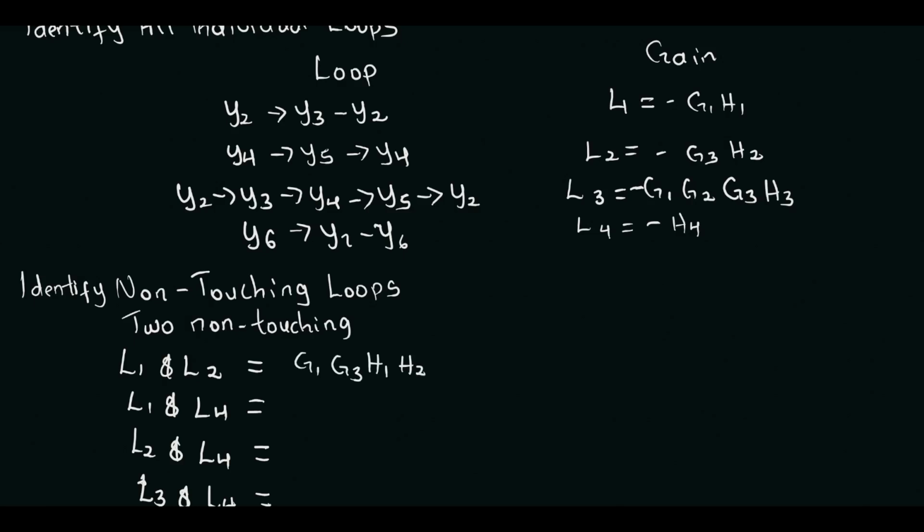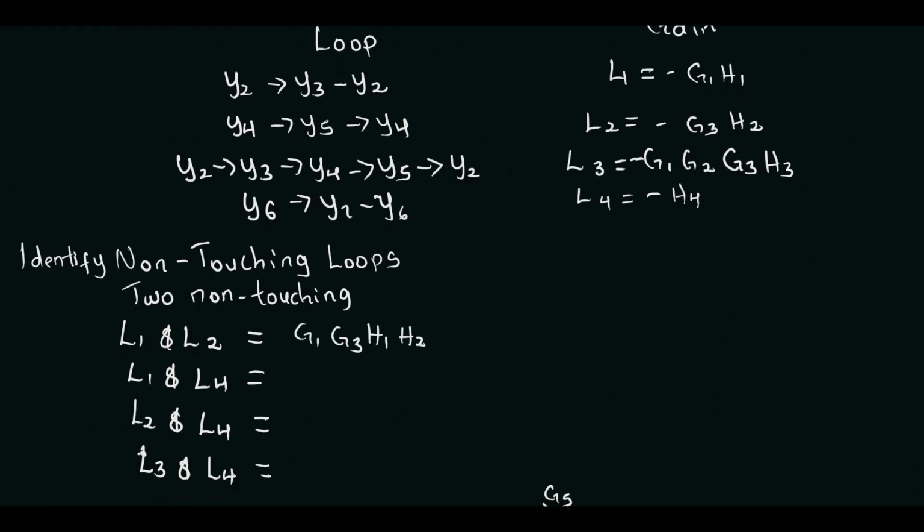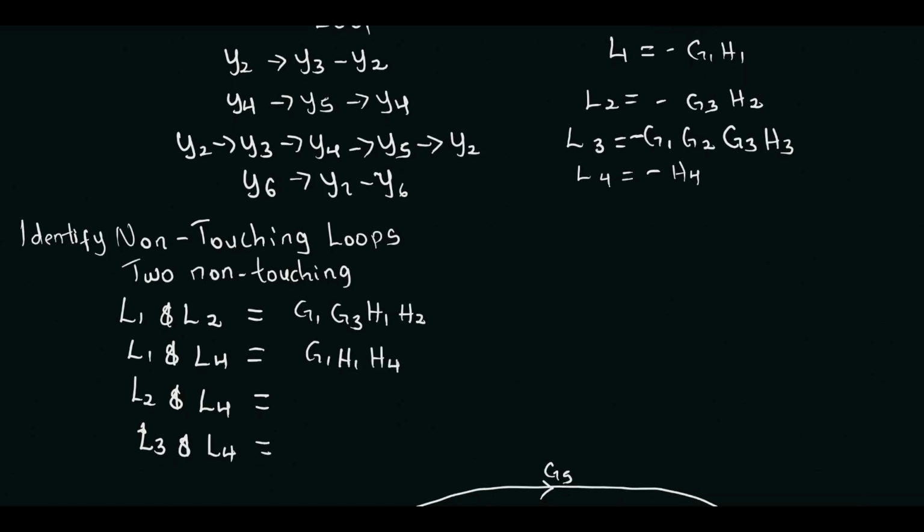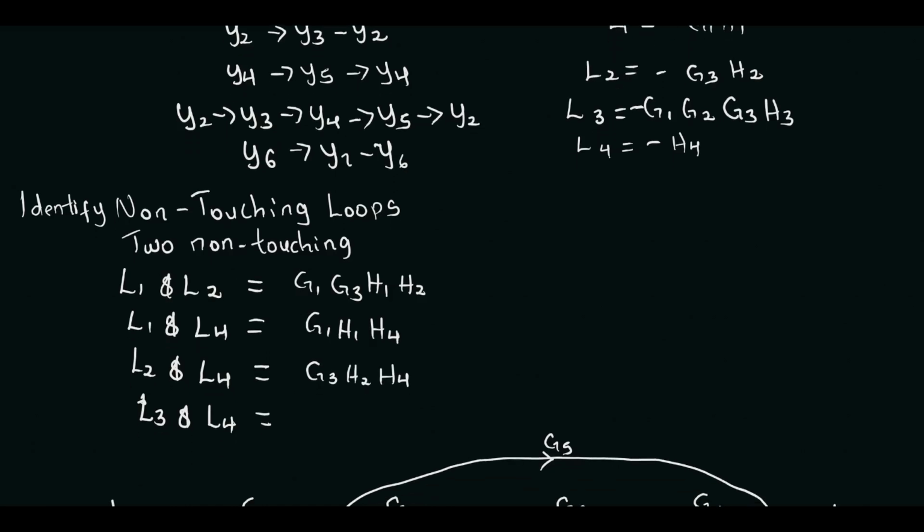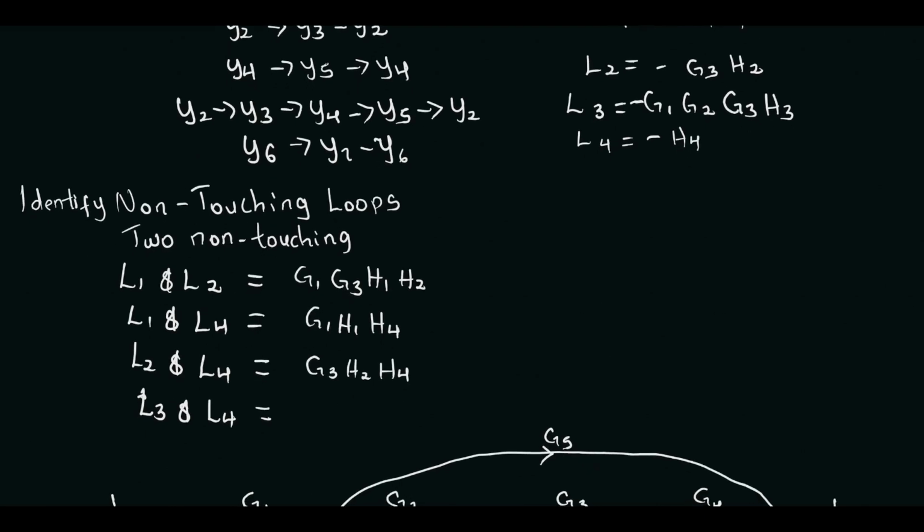For L1 and L4, the minus signs cancel. We have G1, H1, H4. L2 and L4, same thing: G3, H2, H4. L3 times L4, you have G1, G2, G3, H3, H4.